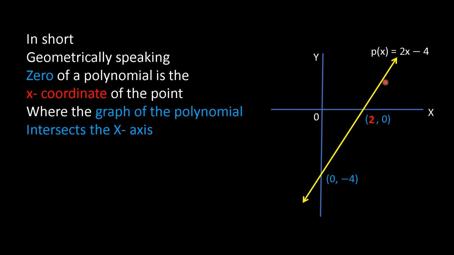So this graph intersects the x-axis in (2, 0), where 2 is the x-coordinate of this point, which is the zero of this polynomial.